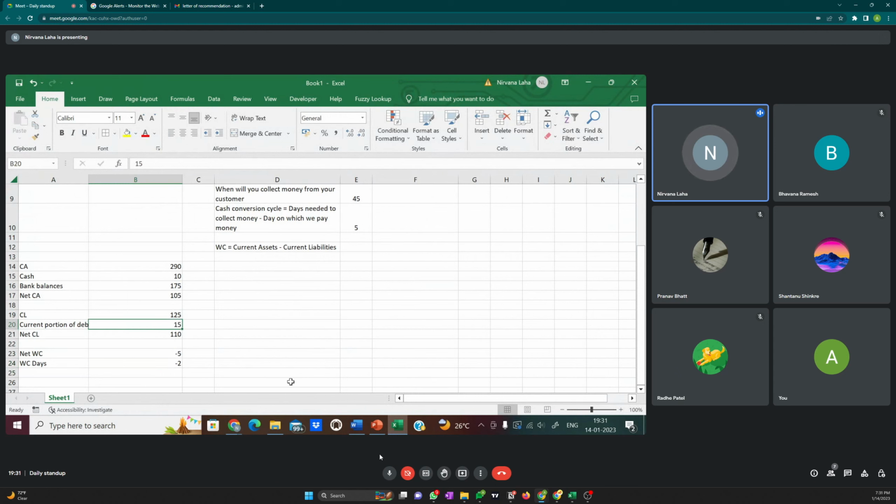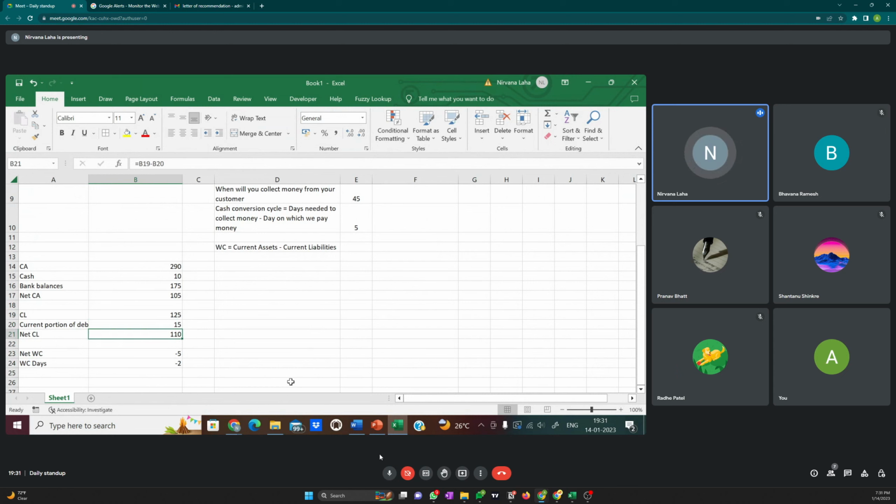What we were doing is removing the current debt portion from the current liability to come to a net current liability. I think Screener doesn't remove this. It lets the debt be, so the net working capital increases even more, and that's how you come to the working capital days which Screener uses. But this is also perfectly fine.